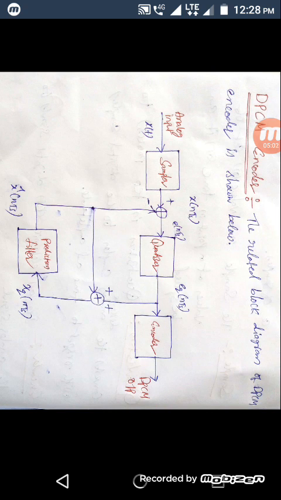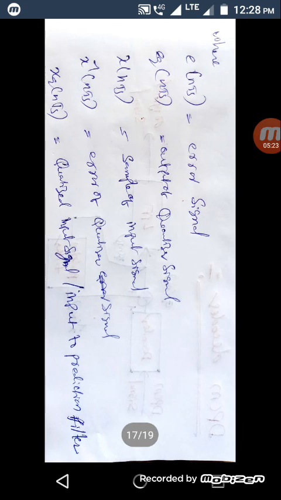Here the analog input signal is indicated by x(t). And what are the meanings of x(nTs), e(nTs), eq(nTs), xq(nTs), and x cap or x bar (nTs), where e(nTs) is the error signal?